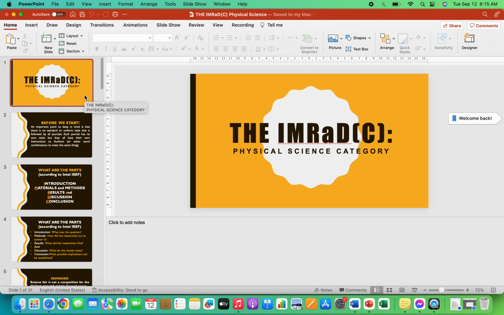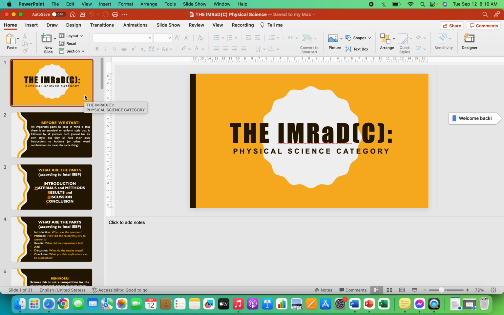So the template that we will be using in Science Investigatory Project is IMRAD-C. So what is IMRAD-C? According to ICEF, I stands for introduction, M for materials and method, R results, and D discussion, C conclusion.